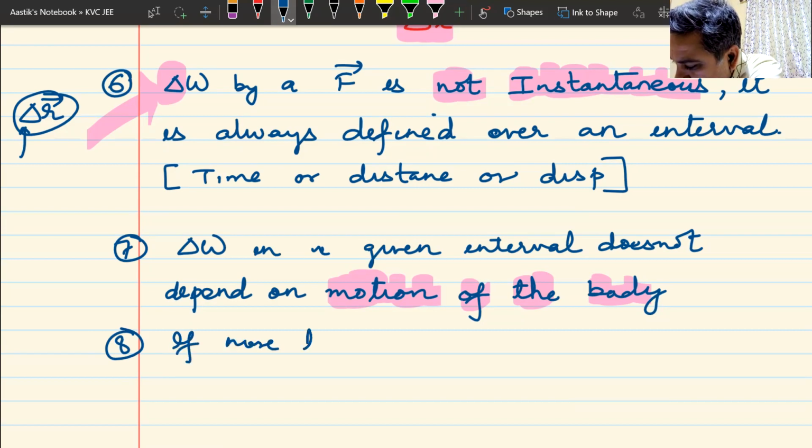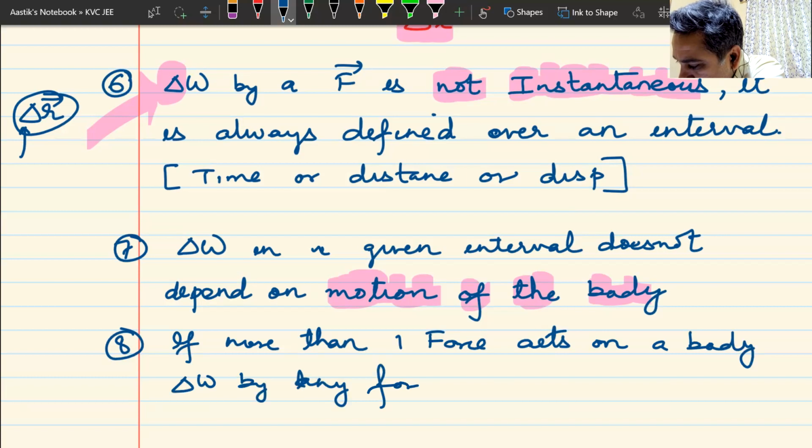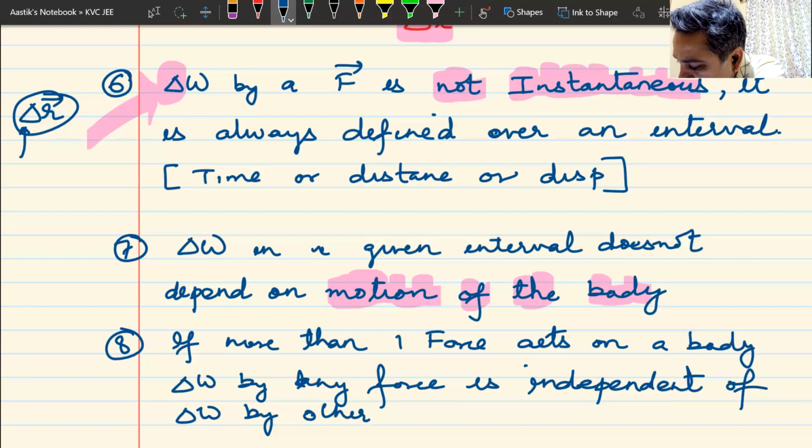If more than one force acts on a body, work done by any force is independent of work done by other forces.